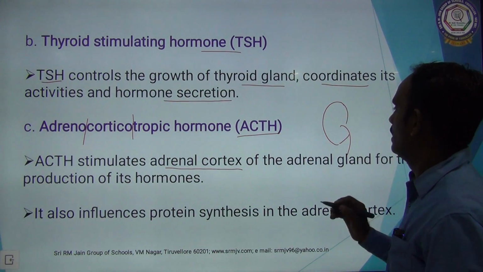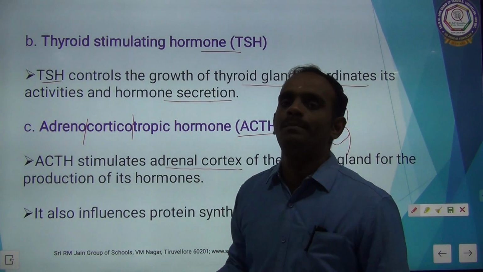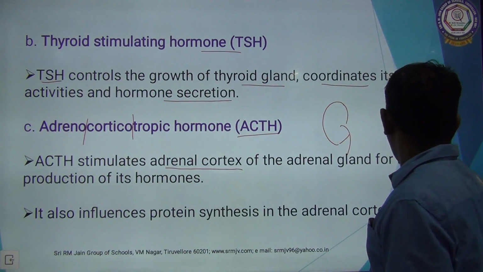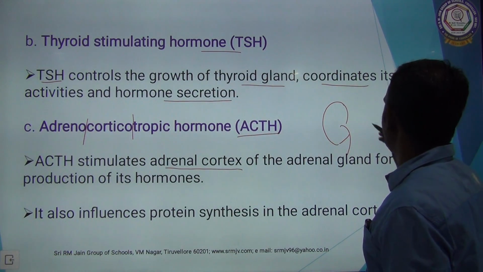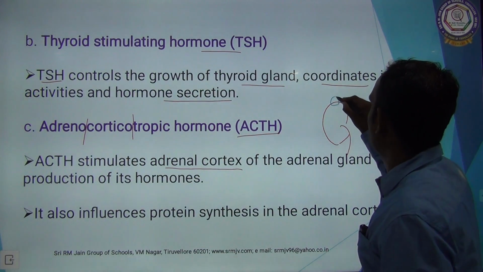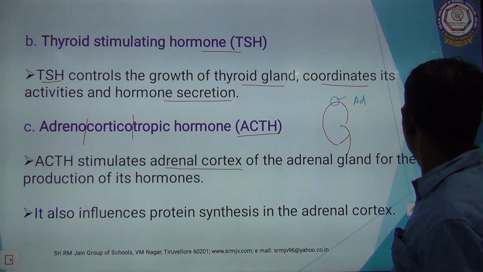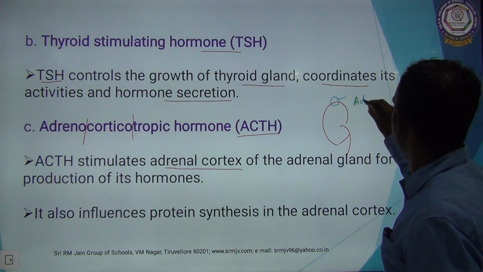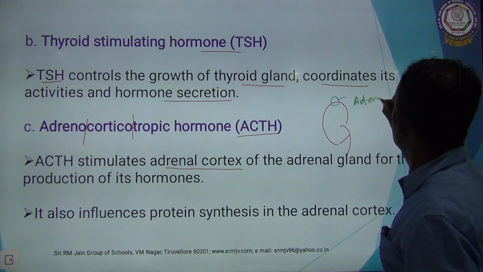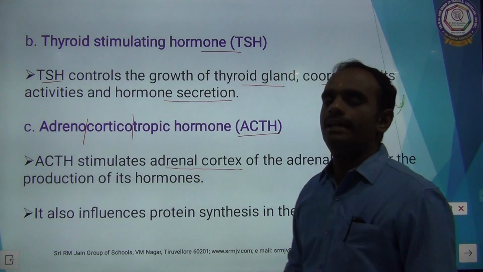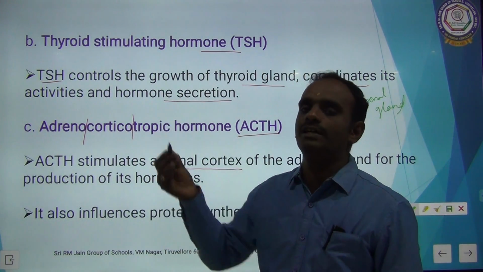the pair of kidneys is located in the abdominal region. The anterior part of the kidney has a gland called the adrenal gland. So the adrenal gland is located on the anterior part of the kidney.